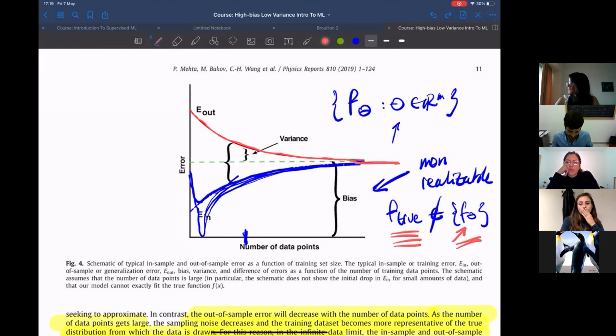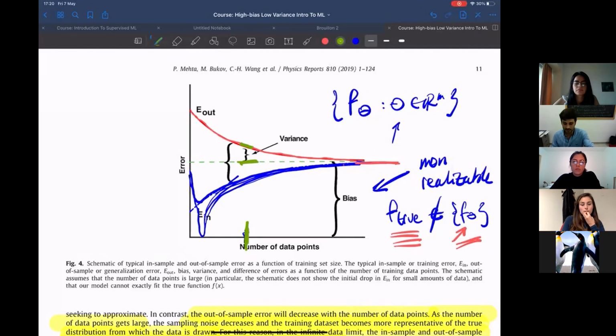Now you have another important quantity, which is, for a finite number of training samples, the difference between this bias, which is the asymptotic error you will reach with infinitely many training data points, and the error that you actually reach for a finite number of data points. This is called the variance. What does it quantify?